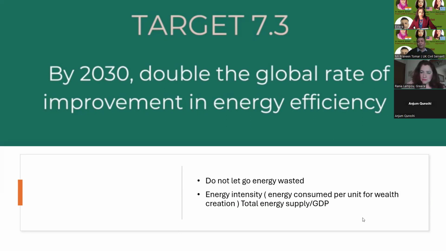That's the purpose, and how much value we generate from each unit of energy we produce or consume. There is a very interesting ratio defined by the International Energy Agency called energy intensity: energy consumed per unit to create wealth, which is the total energy supply of a country as a ratio to that country's GDP.